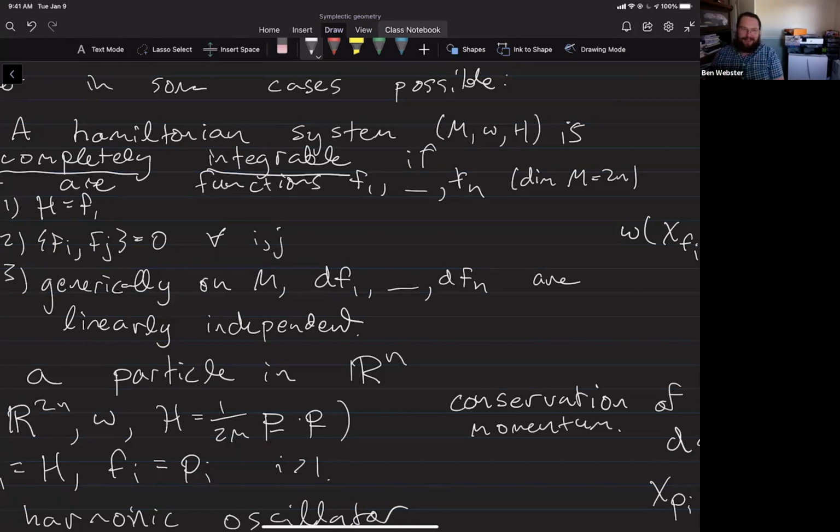Probably that'll happen if the Nijenhuis tensor vanishes or something. I don't know. I'll think about it. Anyway, it's going to be complicated. I'm sure there is some nice thing to be said.